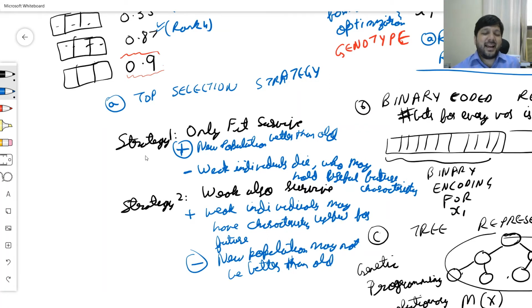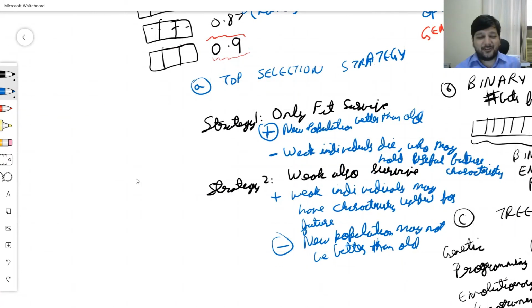Now, whenever I have contradictory pros and cons, what I'll do is I'll stochastically select strategy 1 and strategy 2. That's what we always do in every algorithm. If this has pros and cons, if that has pros and cons, we stochastically select some from this, some from that.